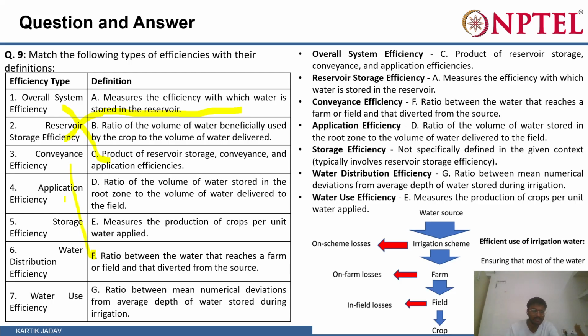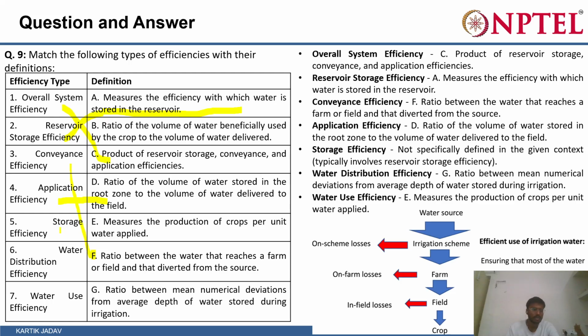And application efficiency is related to the ratio of the volume of water stored in the root zone and the volume of water diverted to the field. And storage efficiency is related to the field capacity of water. It is not specifically defined in this context and typically involves reservoir storage efficiency.